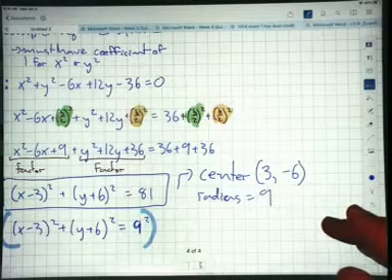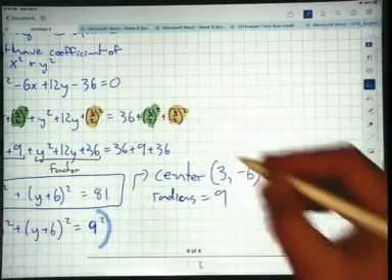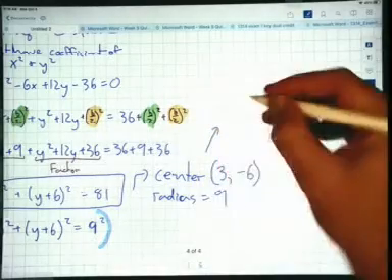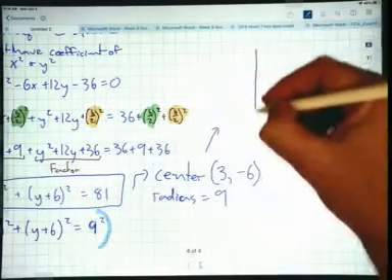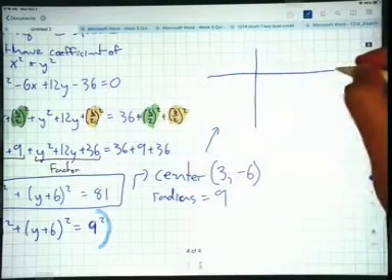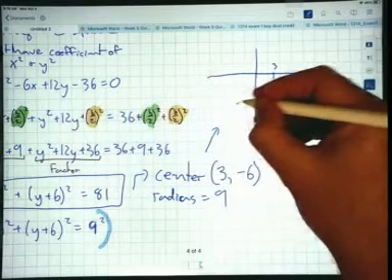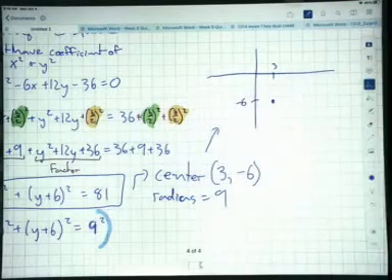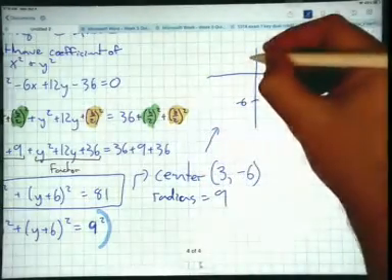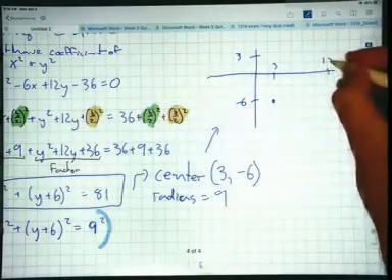And I know it apparently didn't ask for this, but the nice thing about this information is I could go through and graph the circle. I'm not going to try to do this exactly because I have a really large radius, but if this is 3 and this is negative 6, I would go up 9, all the way up to 3. I'd go across 9 all the way to 12.